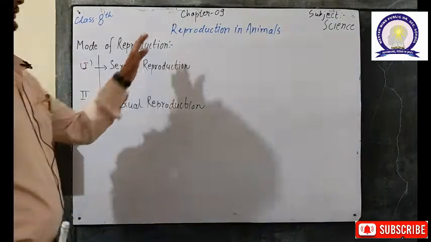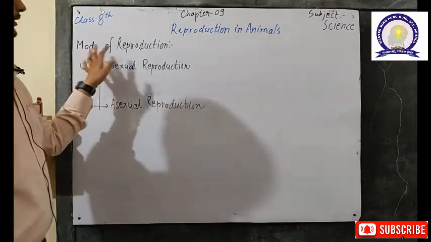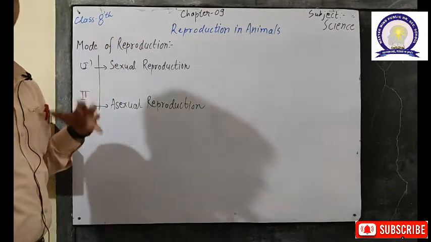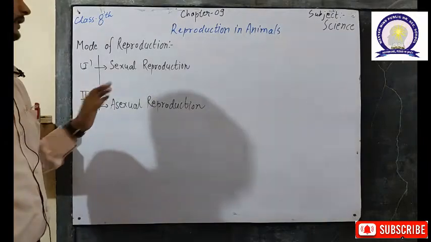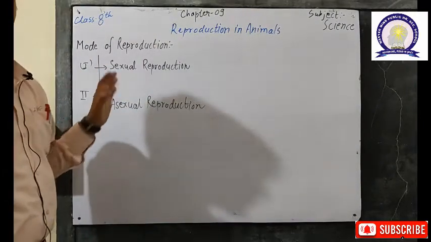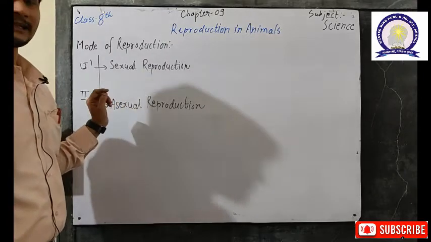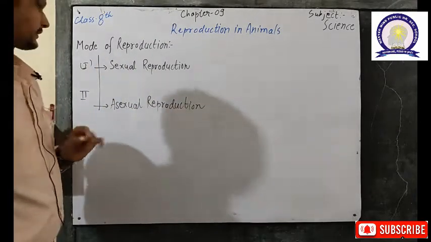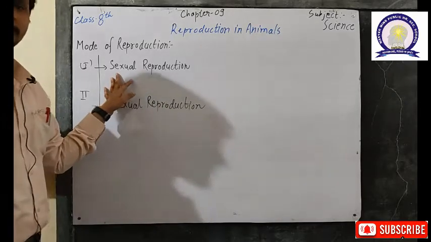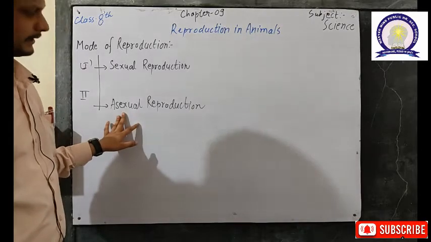So what are the modes of reproduction in animals? How does an organism, or in this case an animal, reproduce? There are two modes of reproduction, as you already studied about reproduction in plants in previous class 7. In animals also there are two types of reproduction. The first type is sexual reproduction and the second type is asexual reproduction.